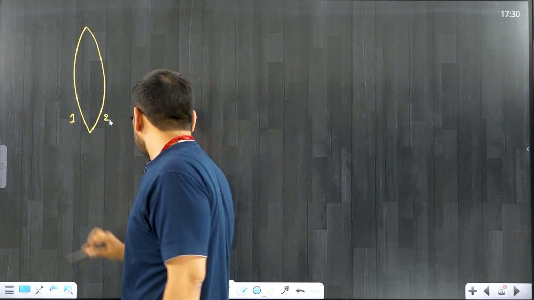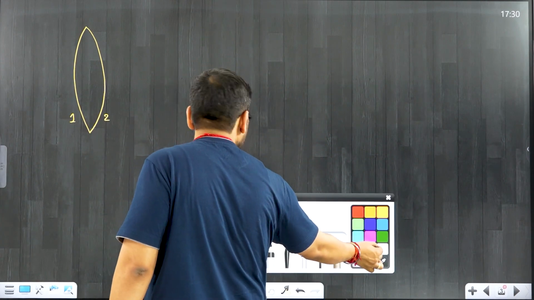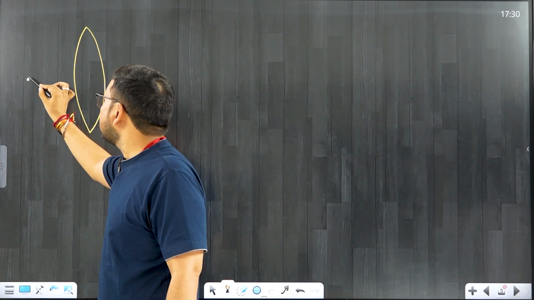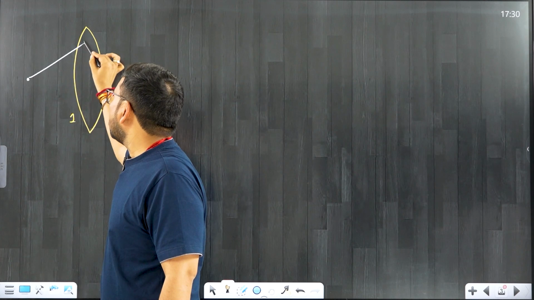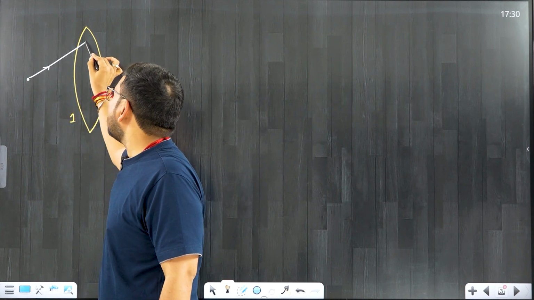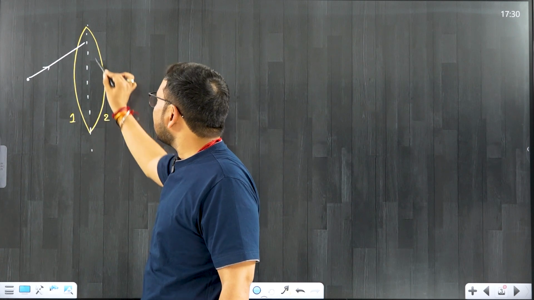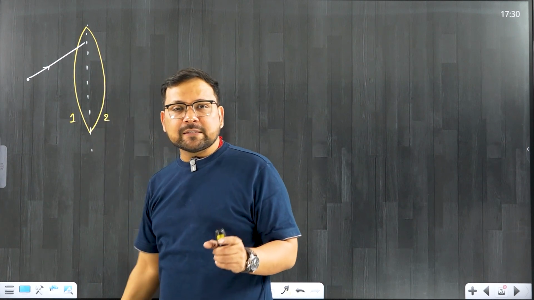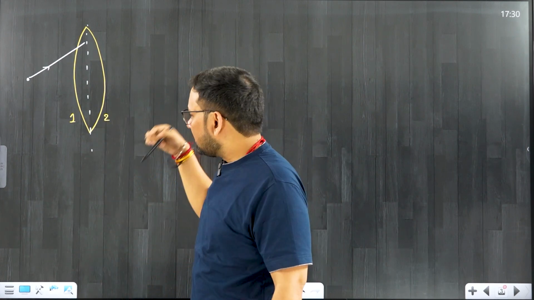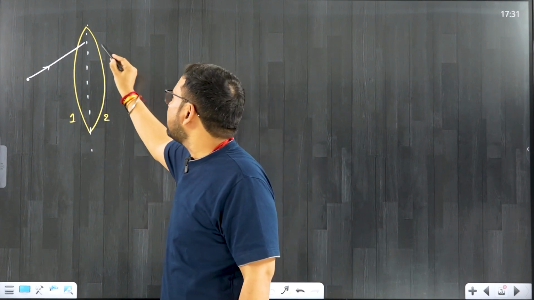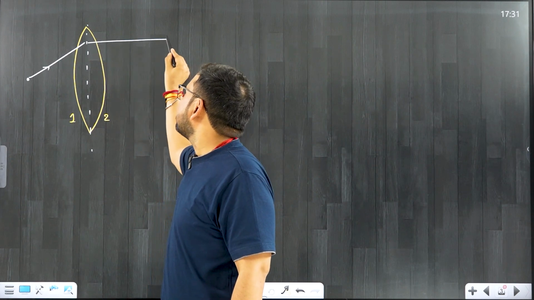One focus is this. Let's have a look. Suppose here I am putting one object and rays are going like this. After refraction from the lens, you can see I am taking refraction from the midpoint, as it is a thin lens. It will have two refractions, one here, but since it is very thin, I am taking it from the midpoint and it will go like this.